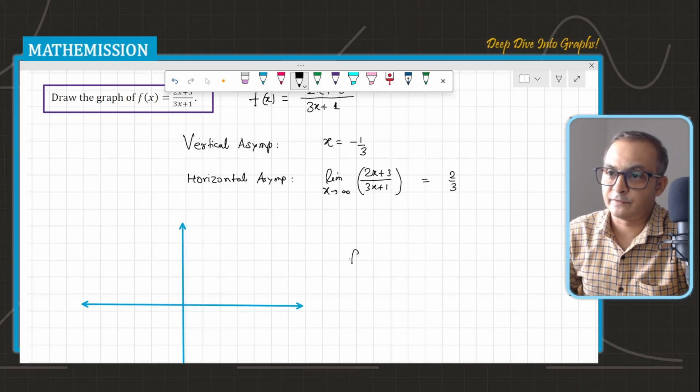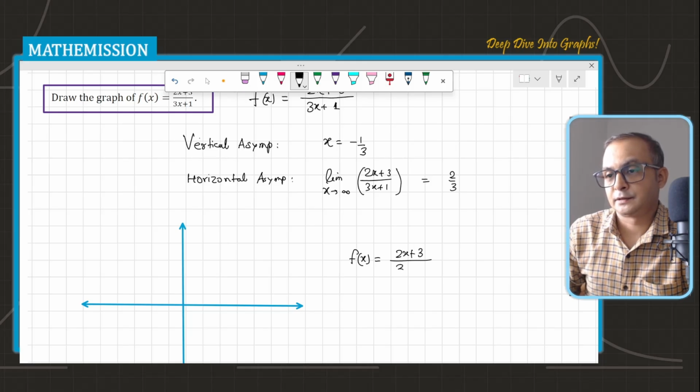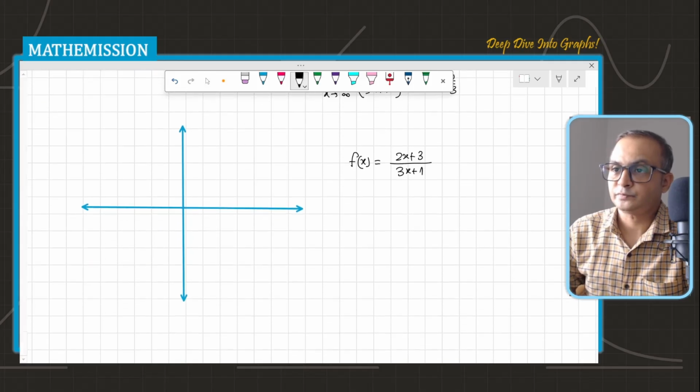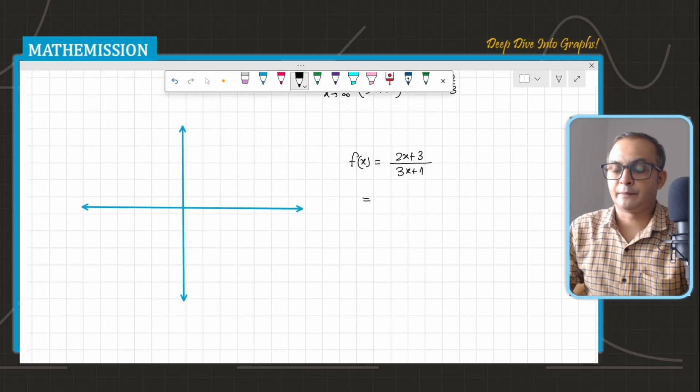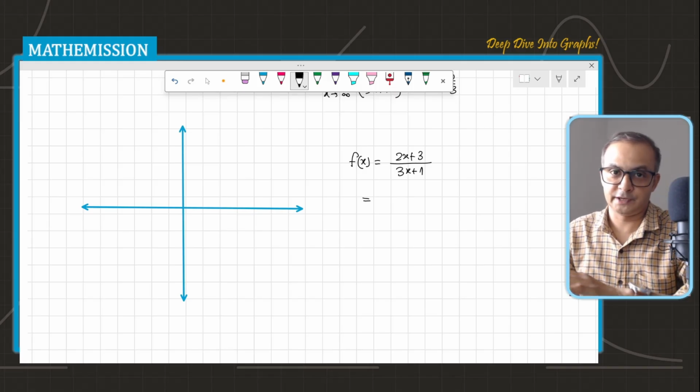So suppose you have f(x) = (2x + 3)/(3x + 1). What I mean to say is that I'm not trying to draw the graph of this entire complicated thing.